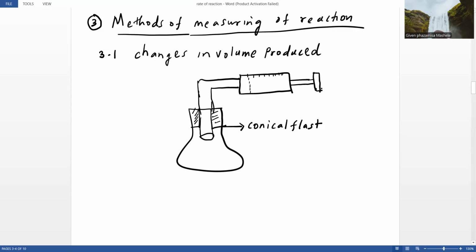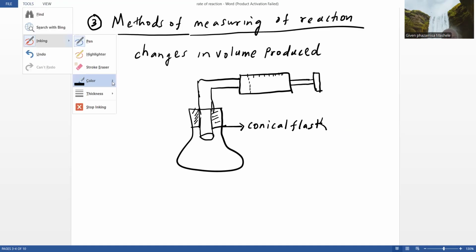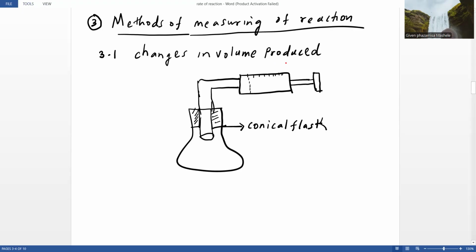All right, then within this conical flask, we have the gas syringe. Actually, the function of a gas syringe is to measure the volume of the gases produced.